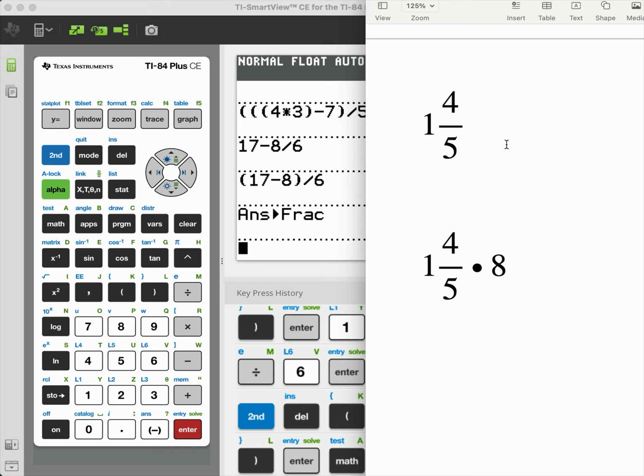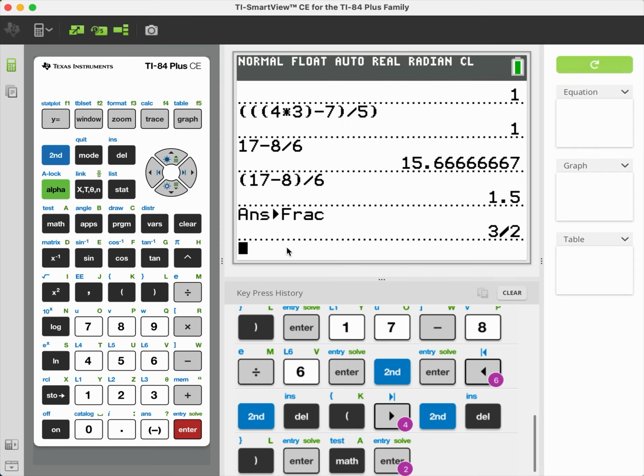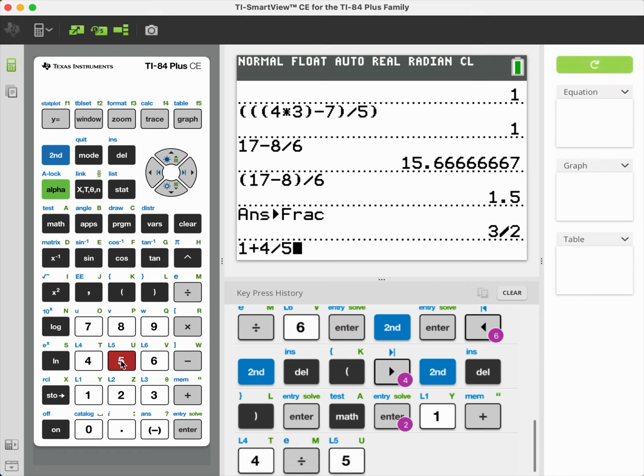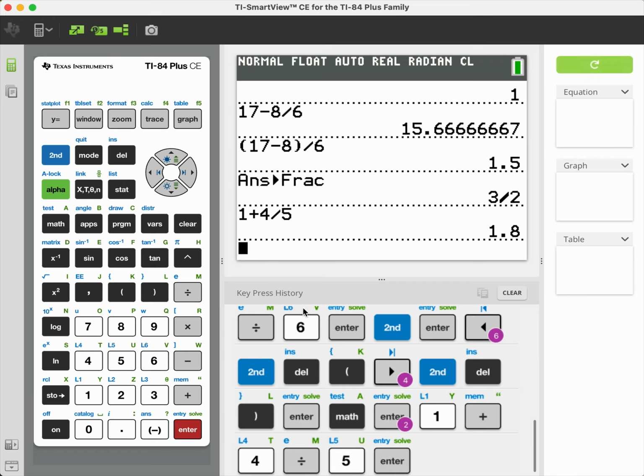If you say it out loud, you'll hear it. 1 and 4/5. And means add. So if we're going to put a mixed number on our calculator, then we must do 1 plus 4/5, like that. And yeah, that makes sense. 1.8 is 1 and 4/5.